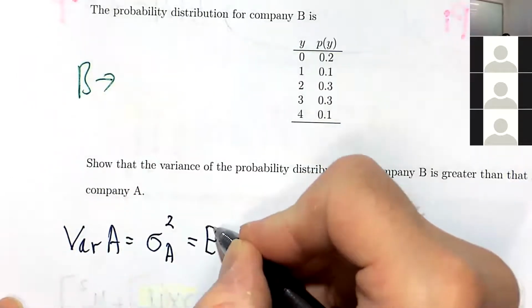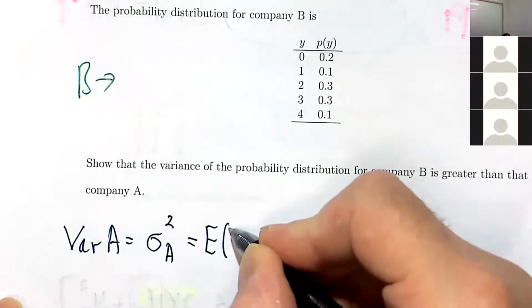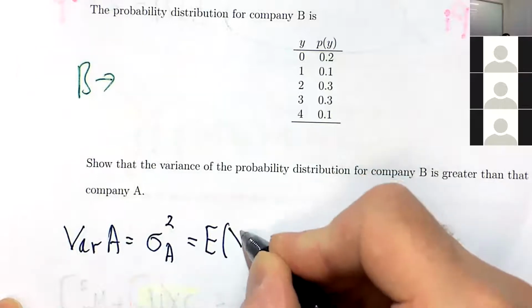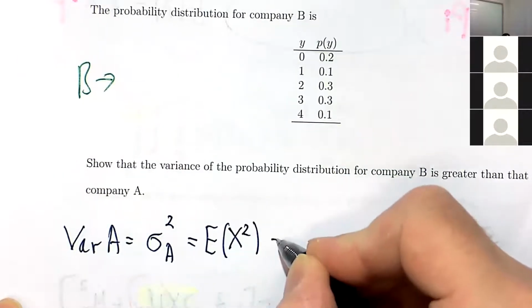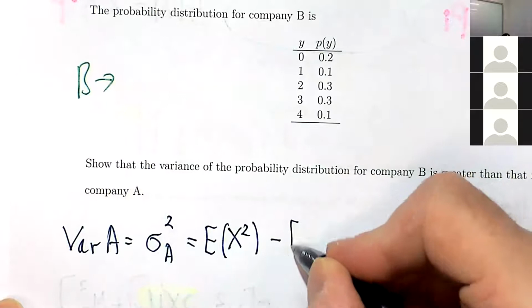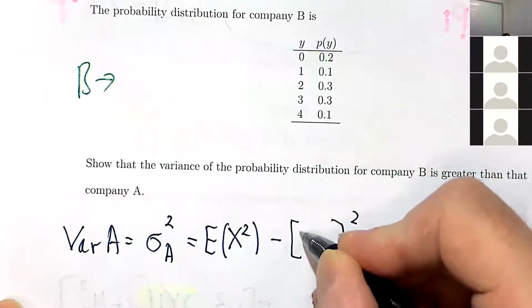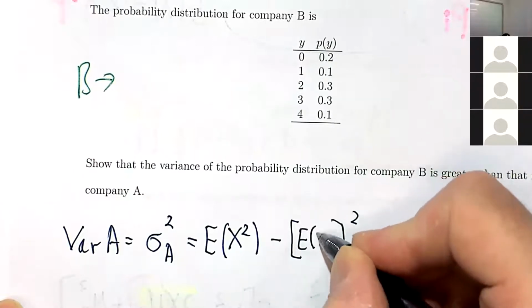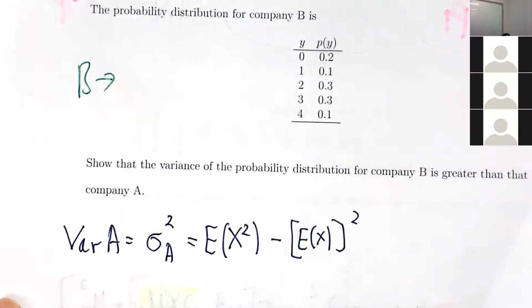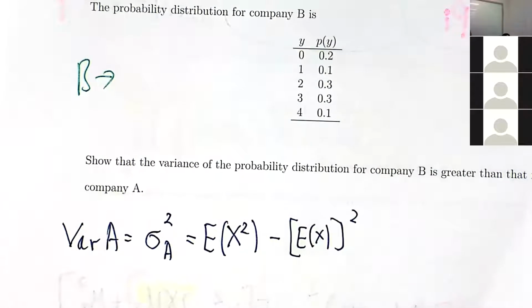Expectation of the squared minus square of the expectation. Instead of x, of course, you can put y, doesn't matter. Or you can use the definitional formula.